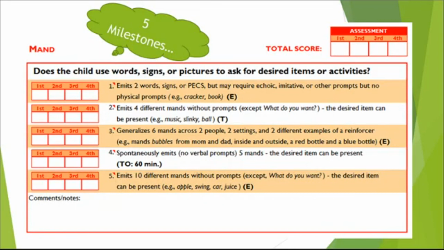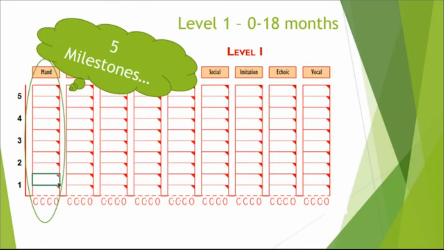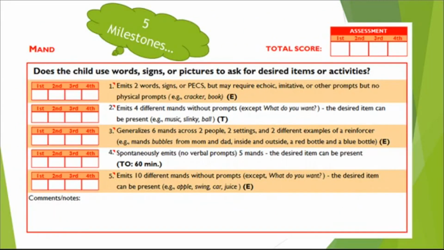We'll look a little bit deeper into each of these, but for today I'm not going to take each one in depth because that would take us a long time. So let's understand the background of each one. The mand repertoire, as you saw on the last slide, is divided into 5 sections, actually 10 mini sections.